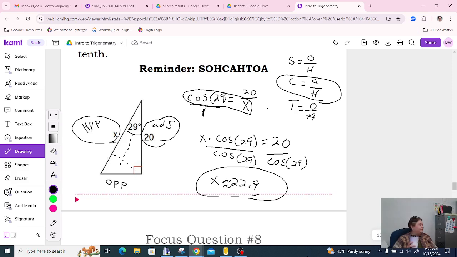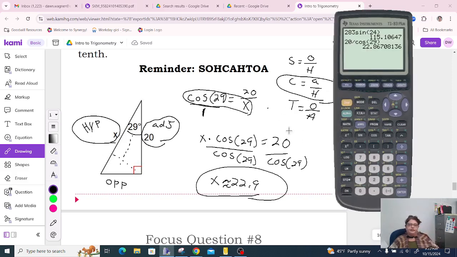Can you please repeat again? How to put it in the calculator? So, this is 20 divided by cosine 29. You put 20, divide, and then you press cosine, and then you do 29.